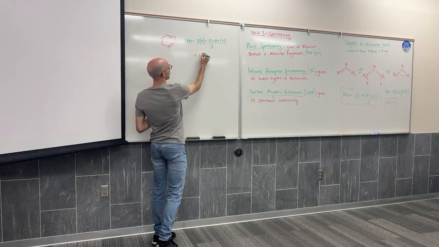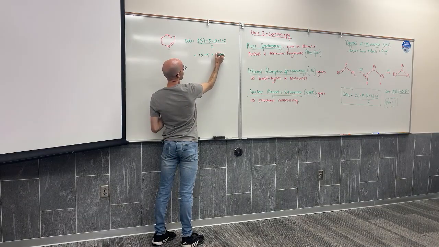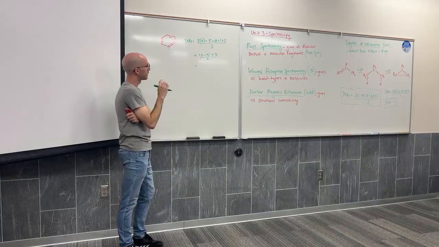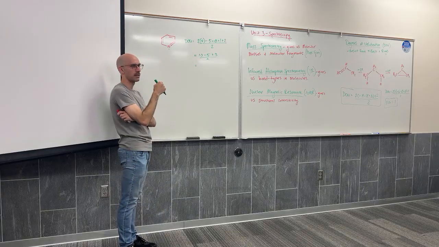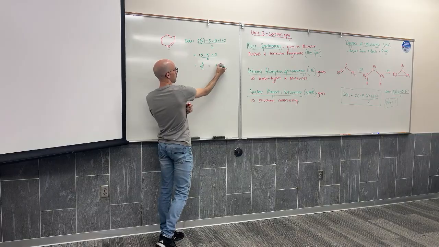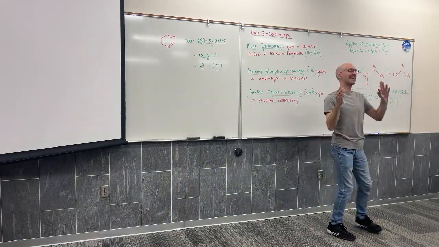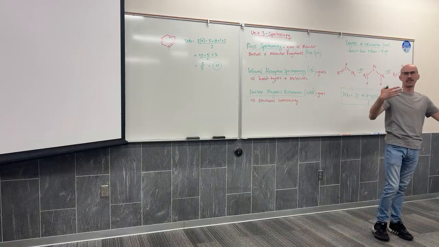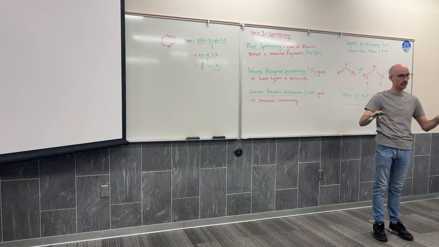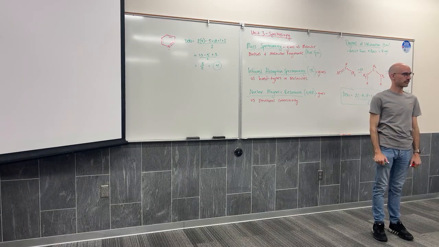So that gives me 10 minus 5 plus 3 divided by 2. 10 minus 5 is 5, plus 3 is 8, divided by 2. Chemical formula and analyzing the structure, they give you the same thing. If all you have is a chemical formula, you've got to do this.